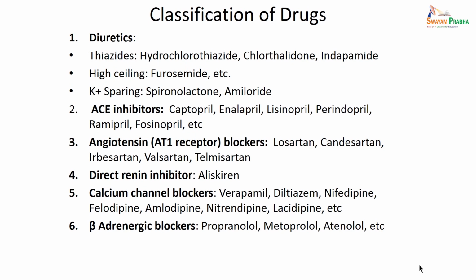Then we have a class of drug which causes direct renin inhibition, like aliskiren, and a commonly used class in day to day life, calcium channel blockers. For example, we start with amlodipine, verapamil, diltiazem, nifedipine and felodipine.